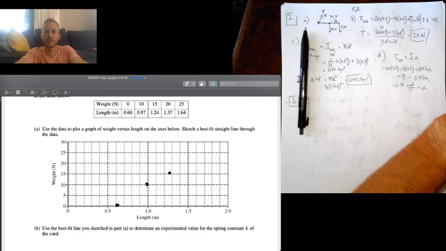If it's 20, it's 1.37. And if it's 25, it is 1.64. Right there. Okay. So there is our best fit line, like that.